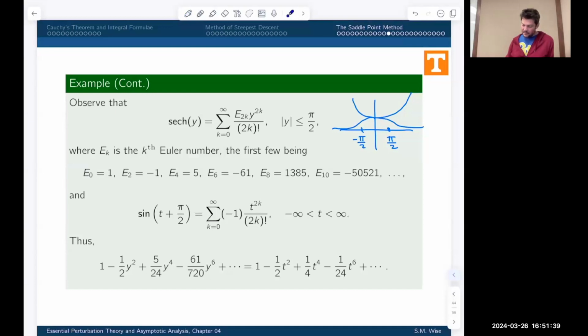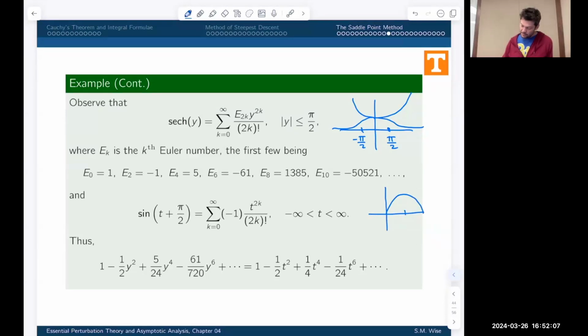All right, so the sine of t plus pi over 2 is this power series expansion. You can just modify the standard sine function power series and get this. By the way, what does a sine function look like at t plus pi over 2? Well, sine looks like this, right? So we're going like that, right?